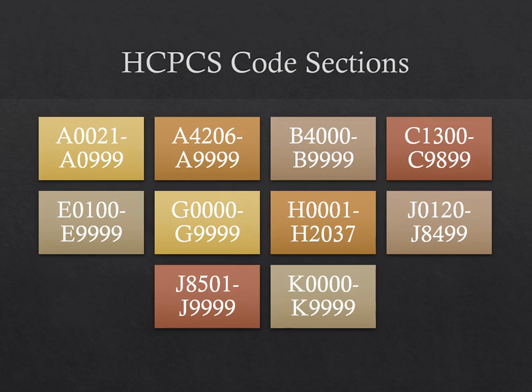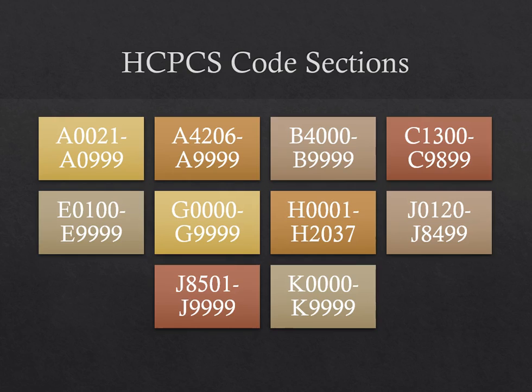All right, next up we have codes H0001 through H2037. Here, these codes are for alcohol and drug abuse treatment services. Then we have J0120 through JA499, and these are drugs that are not administered via oral method.